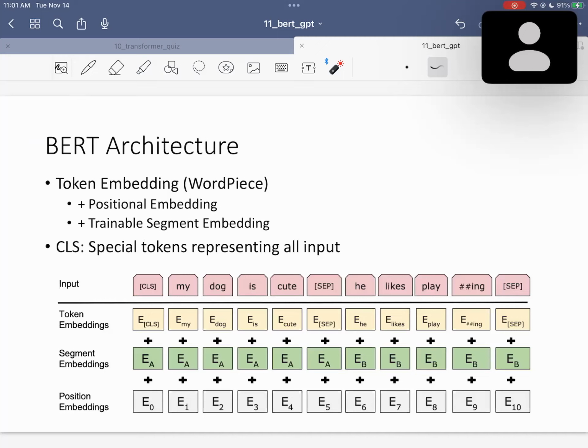So how they compose their architecture is like this. They have an input. These are all different tokens. The authors of BERT trained BERT using a pair of sentences all the time. So there's sentence 1 and sentence 2: my dog is cute, and he likes playing.